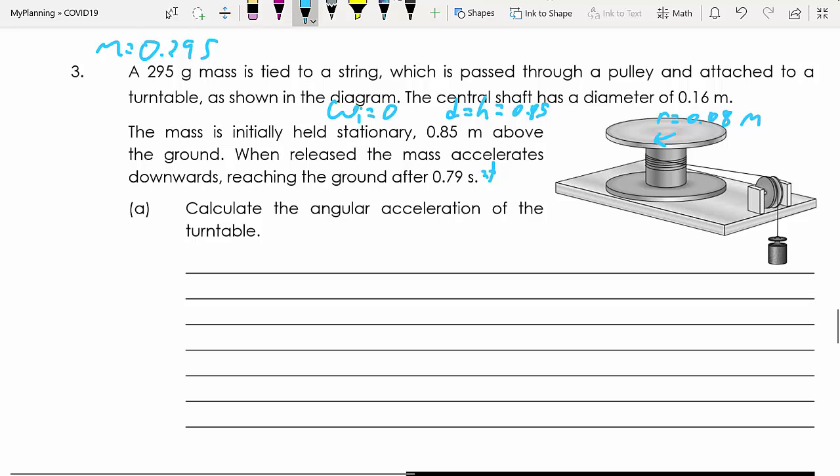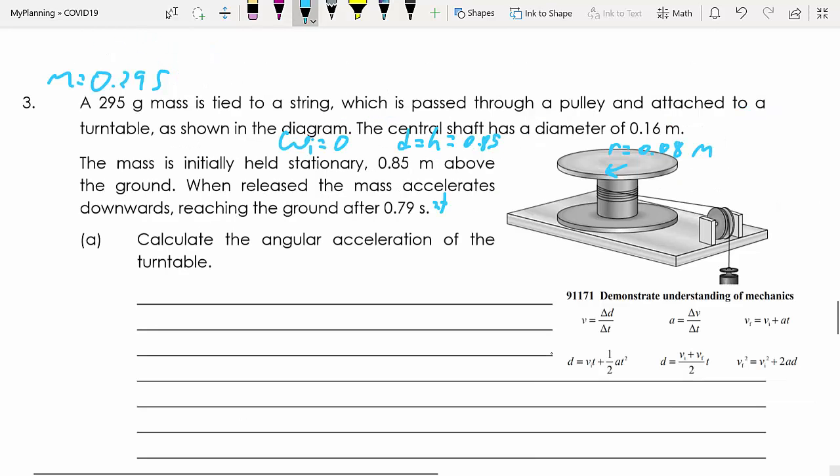Calculate the angular acceleration of the turntable. So I've just grabbed a formula sheet, and we look at the things that we know. So we know that VI equals 0. We know that it's accelerating, and that's essentially what I'm trying to find out. We know that time equals 0.79 seconds, and we know that the distance equals 0.85 meters.